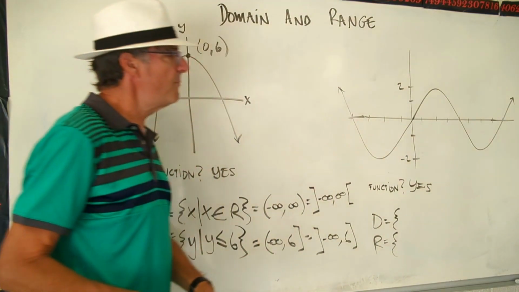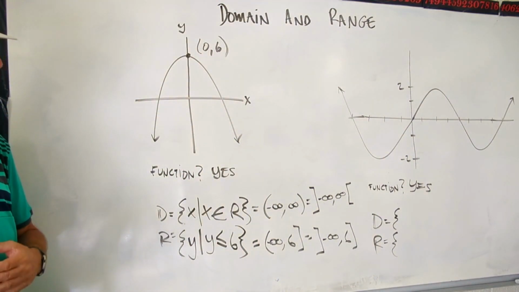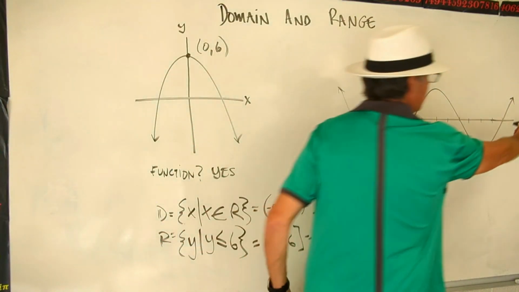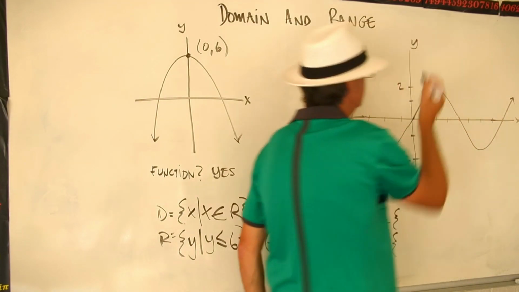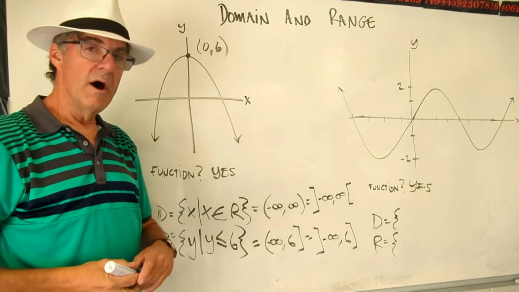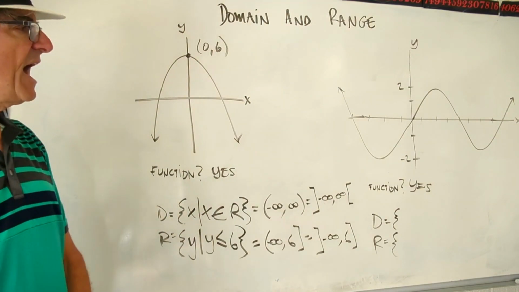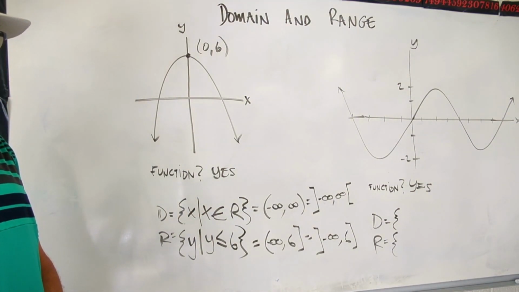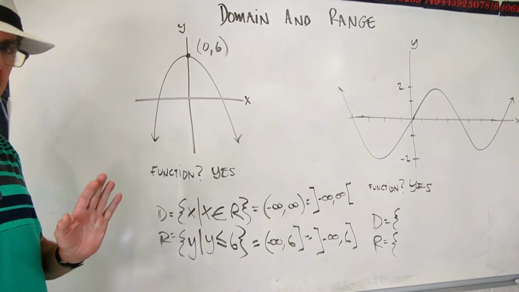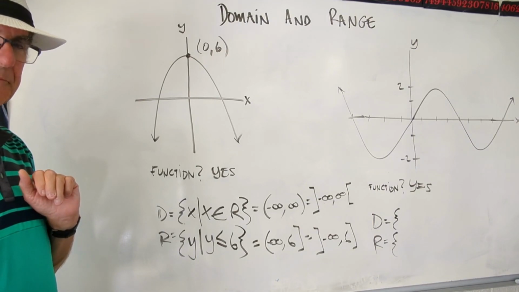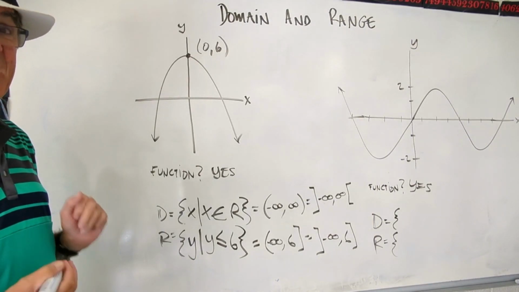Now I want you to think about the domain, the x values. Remember, this is the x-axis. So what possible limits can we have for the x values? Just think for a minute about that. Okay, I don't see any limits.